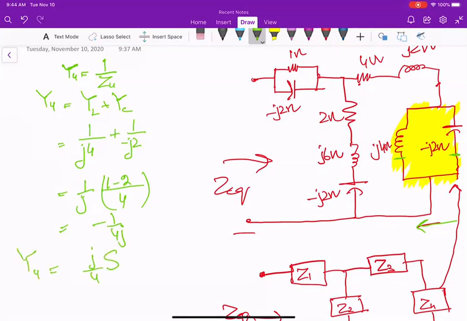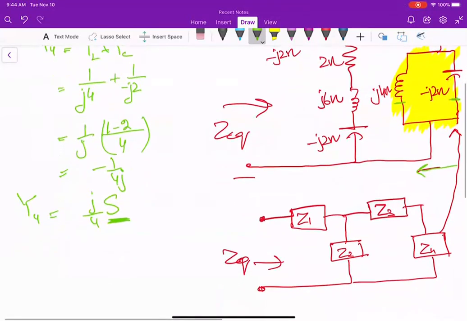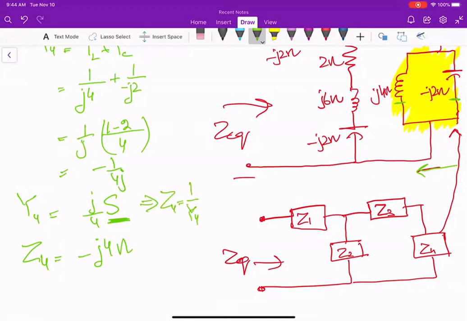So it means that if this is in the S form, this is admittance. This admittance can be expressed as impedance. To express this admittance in impedance, we will write this as minus j4 ohms. Why? Because Z4 will be 1 by Y4, which is 1 by j by 4, and this will become 1 by j4.